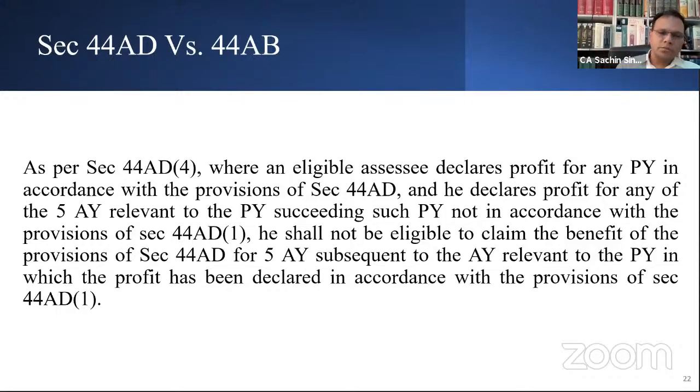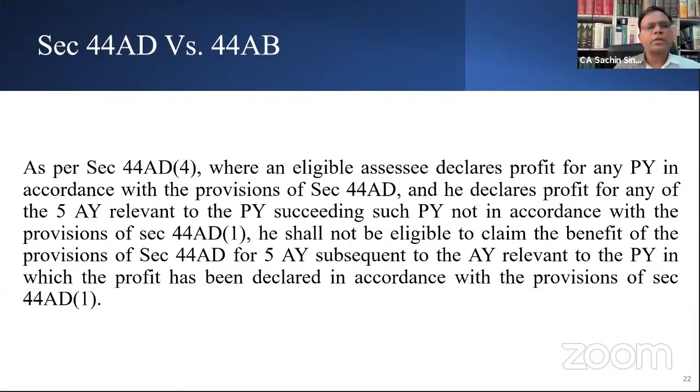So the assessee can opt for 44AD and declare profit as per clause 1, that is 8% or 6% as the case may be.